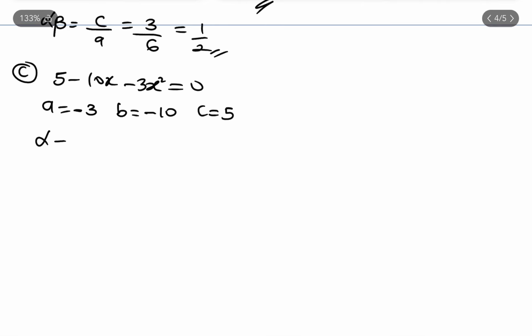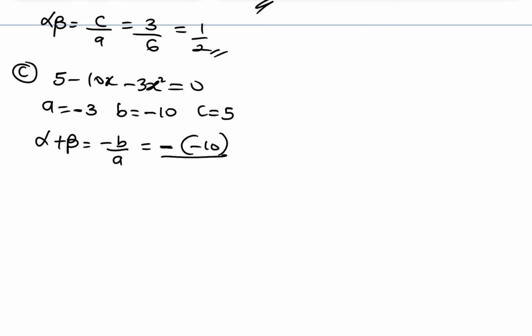So what we have to do is this. Since we know that our sum of roots is minus b over a, that means minus b is minus of minus 10. So we write minus of minus 10 all over minus 3. Minus times minus is going to give us plus, that is plus 10 all over minus 3. That means when we have plus over minus, it's going to be minus, so minus 10 over 3.